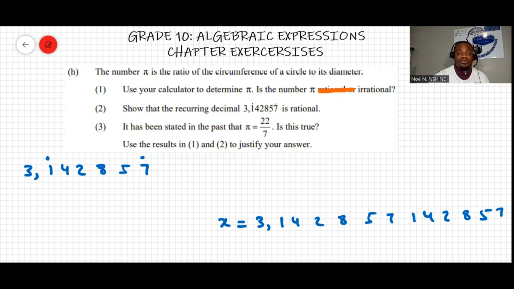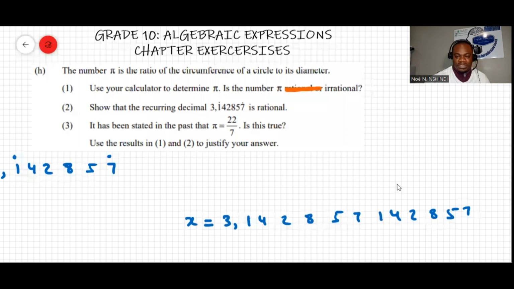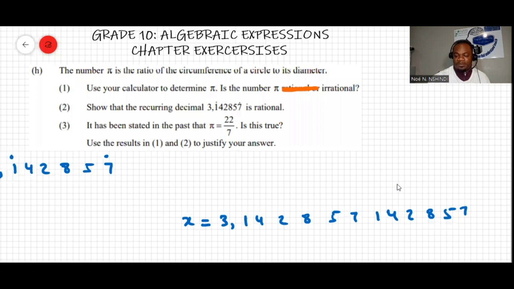I can put three dots here, the ellipsis, to say that this continues indefinitely in that order. I can call this equation 1.